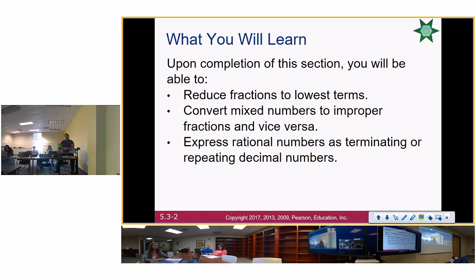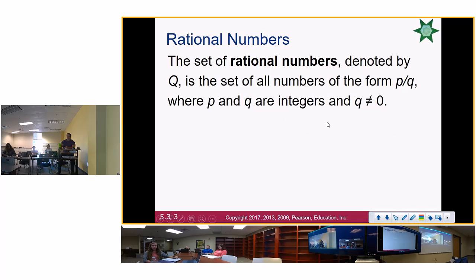Now I'm going to go over all the fractions and when to use them and how to convert them and all that good stuff. Rational numbers are all the numbers between whole numbers and all the decimals and percents. Real numbers is everything on the number line, including whole numbers, fractions, decimals, everything.